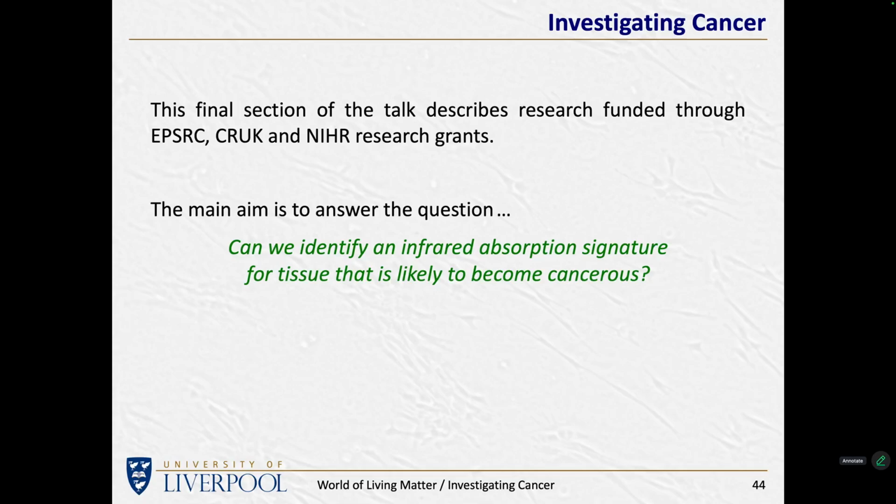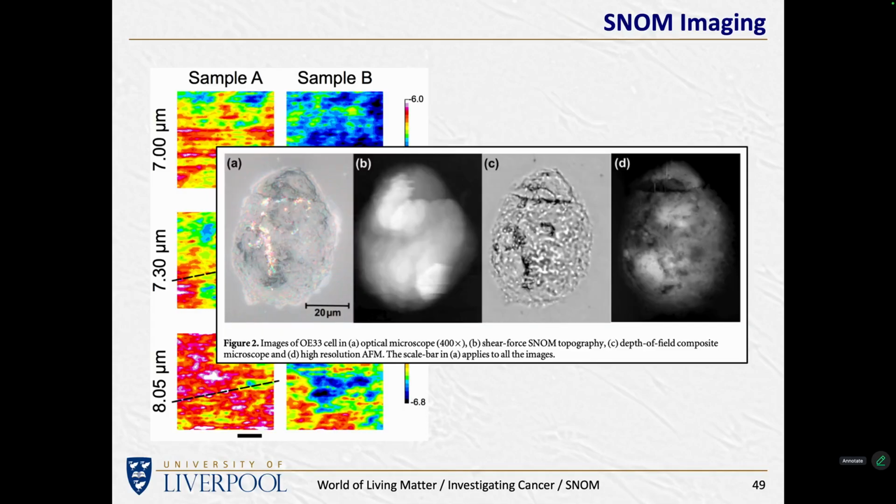So to simplify that question, we're really asking, can we detect cancer before it's cancer? In other words, not diagnose necessarily, because diagnosis often means it's too late. Can we get a prognosis?